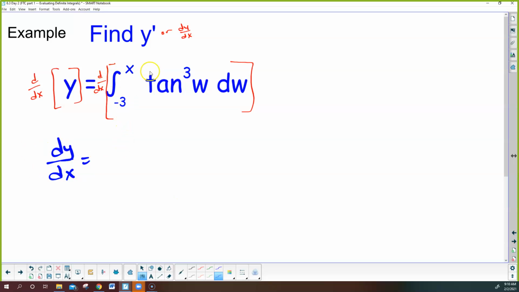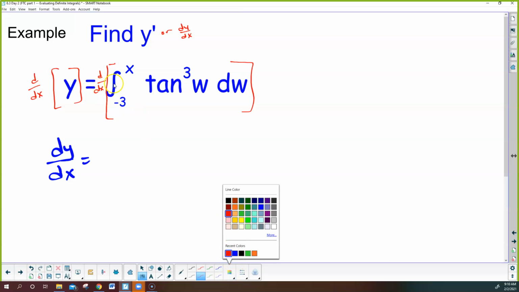Now we know that I could try to work through, and this is not very friendly, but I could try to work through the derivative, and I would get the upper bound of the antiderivative minus the lower bound of the antiderivative. But this lower bound is just a constant, so its derivative is going to be 0.